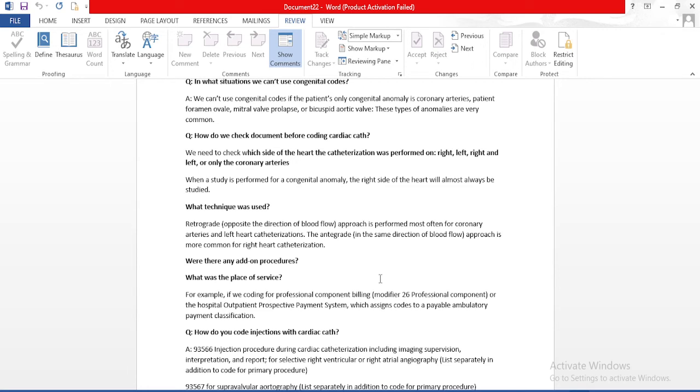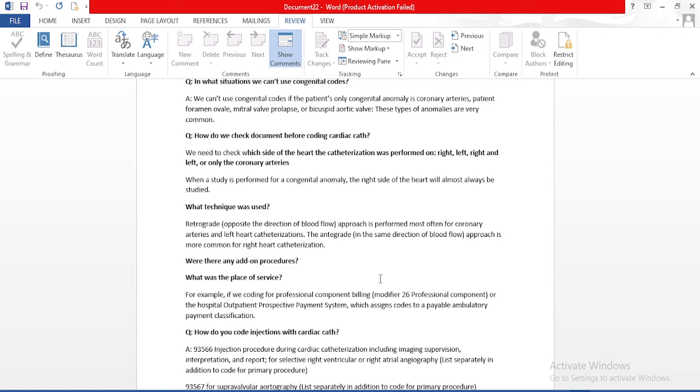Next, when a study is performed for congenital anomaly, the right side of the heart will almost always be studied. So most of the time, if the physician is performing right heart catheterization, the patient might have a congenital anomaly.